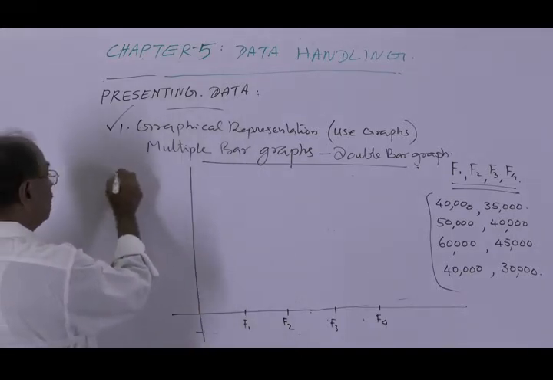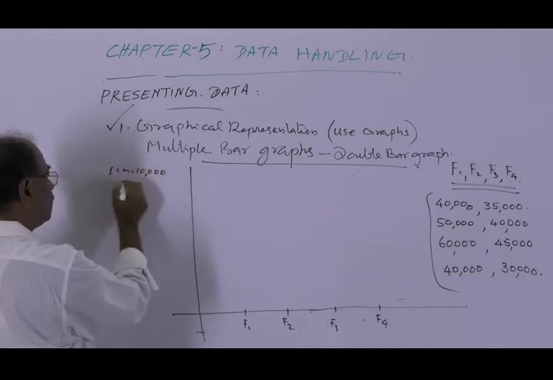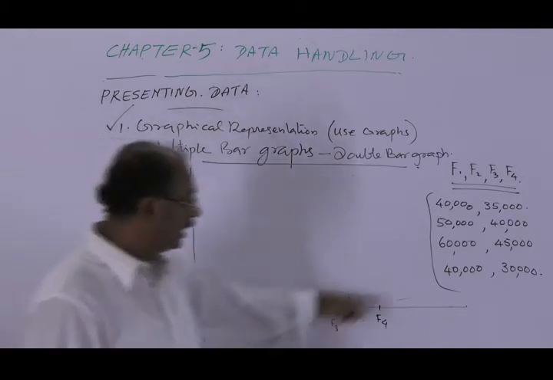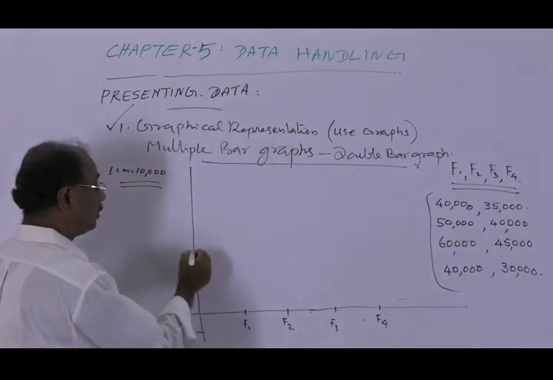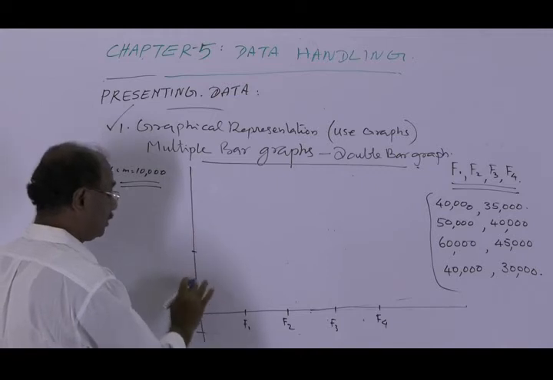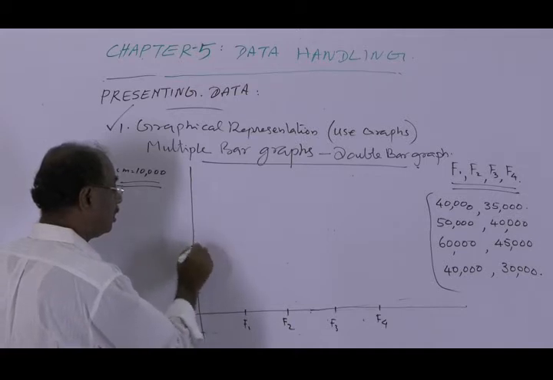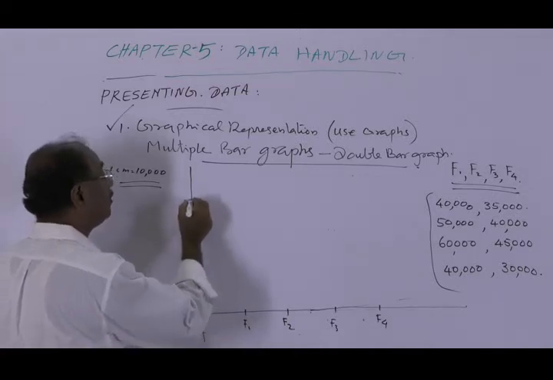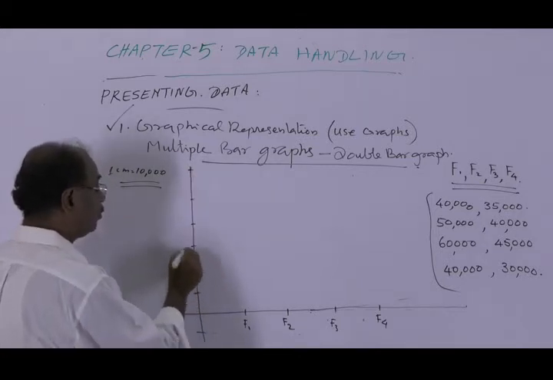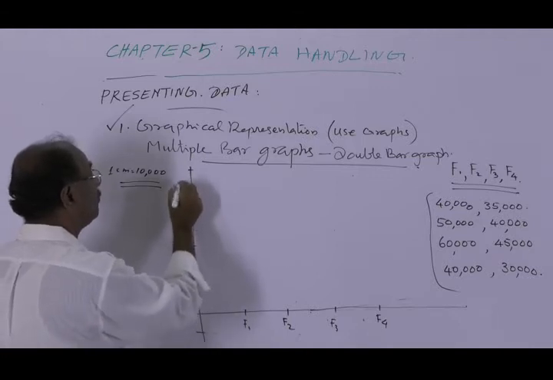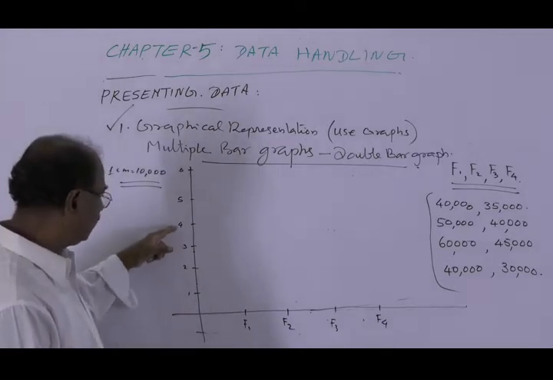Take the unit 1 centimeter equal to 10,000 rupees. The highest value is 60,000. So 10,000, 20,000, 30,000, 40,000, 50,000, 60,000.